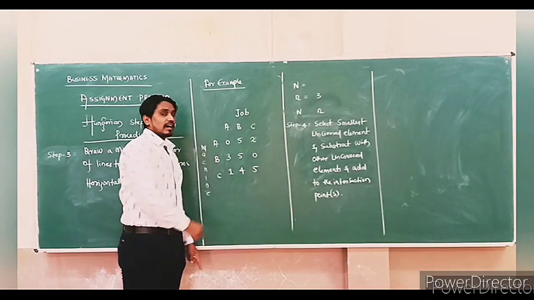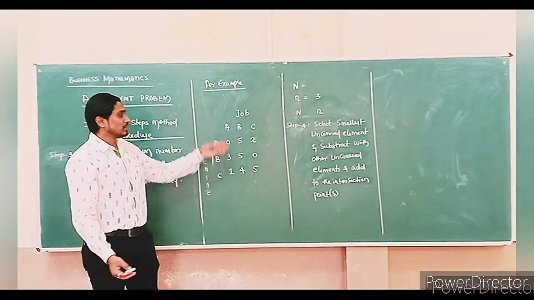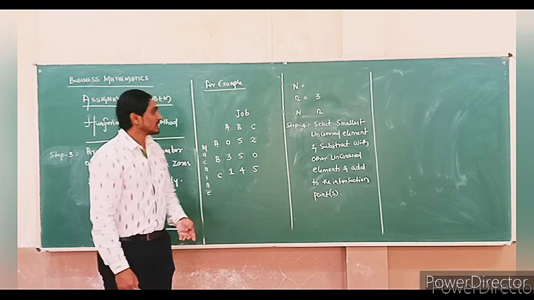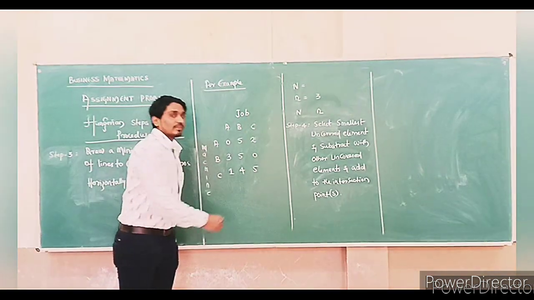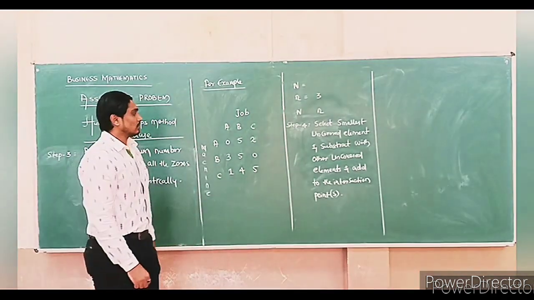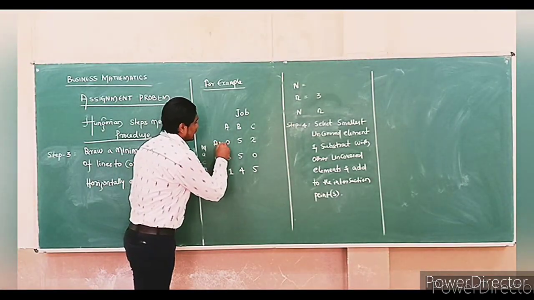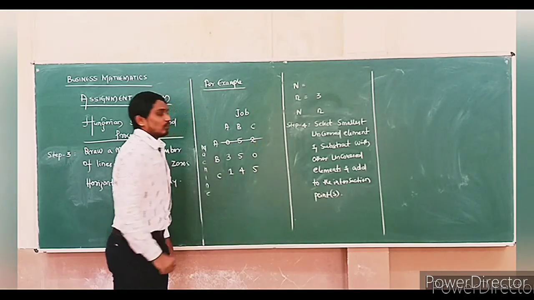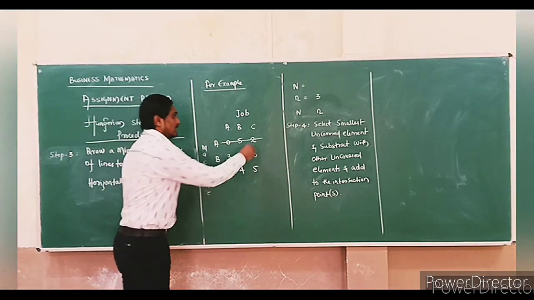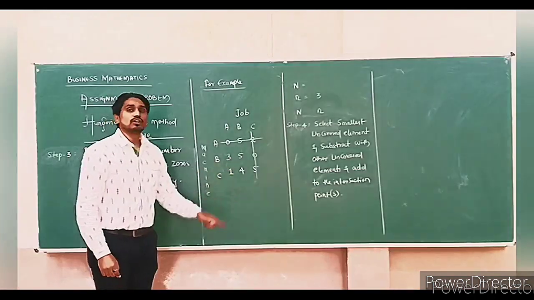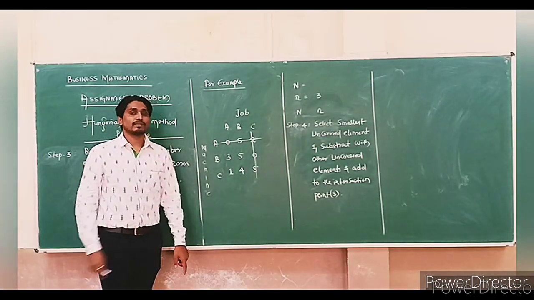Second column, I cannot draw a line because there are no zeros. Likewise, third column, there is 1 zero. So, better I draw the line here. 1 zero, and the next zero here. I have drawn two lines.